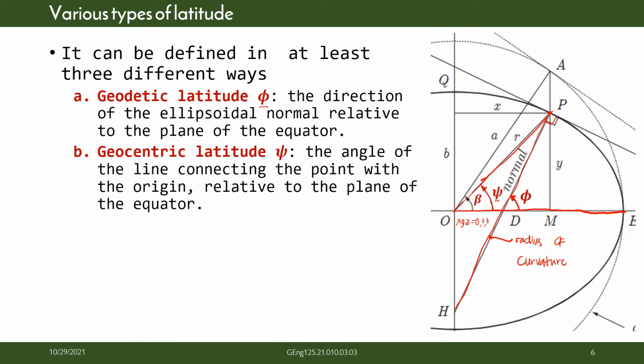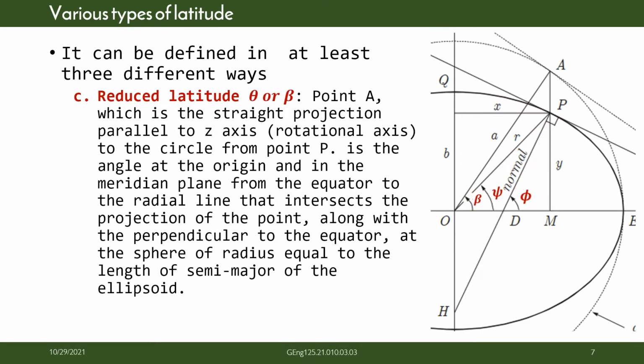Then the third one is the reduced latitude. It could be theta or beta. Most of the references use beta as the variable for this kind of latitude. So we have point A here.